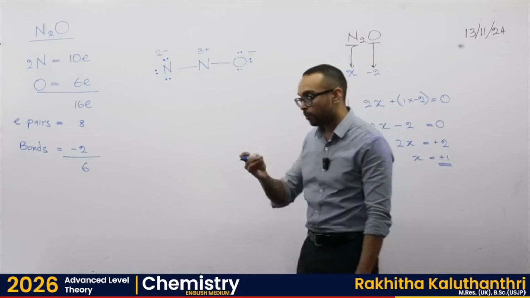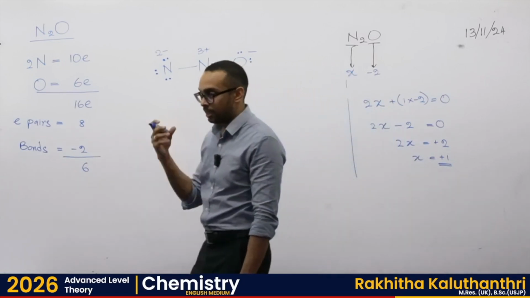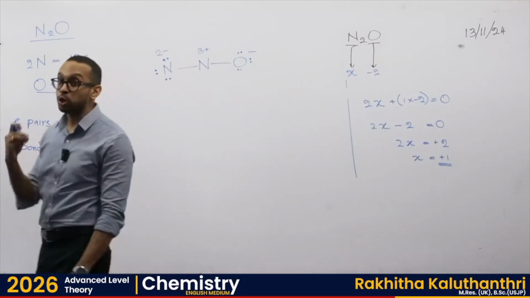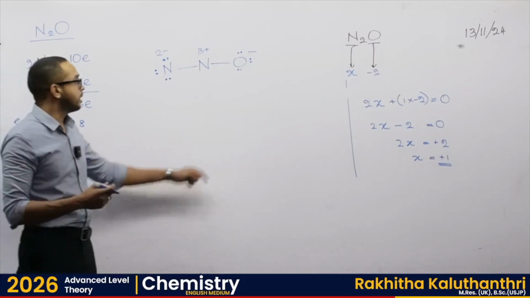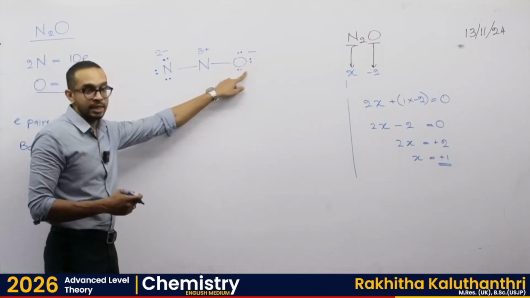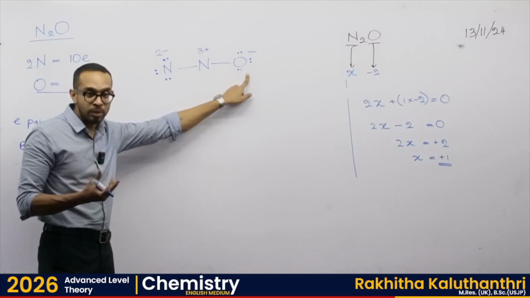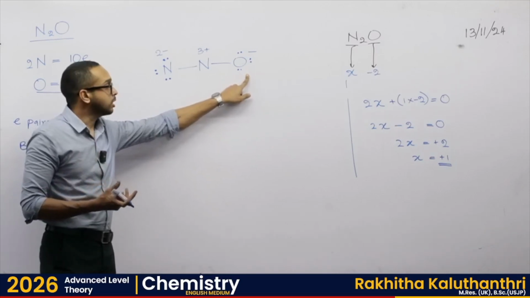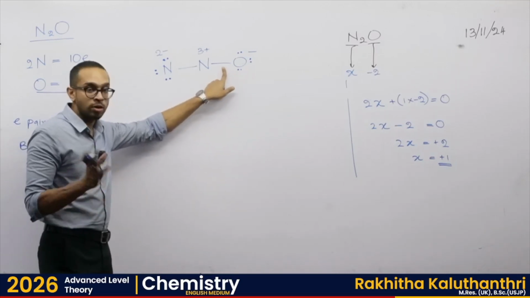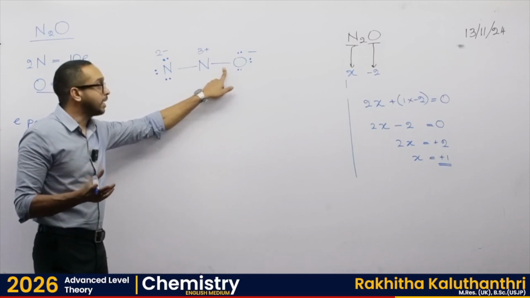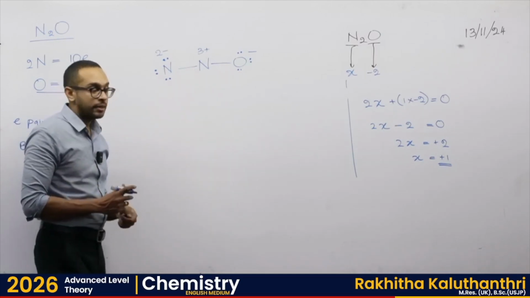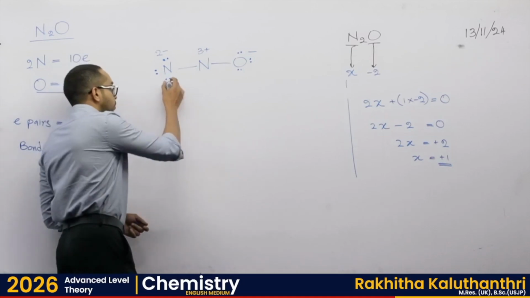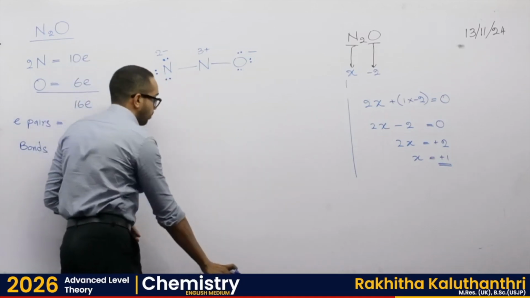If it has a negative formal charge, it should be on a more electronegative element. So that means oxygen should be carrying it here if there is a formal negative charge. So students, converting lone pairs of oxygen is not wise. We can convert lone pairs of nitrogen into bond pairs. Is that clear? So what we do is we convert 1 lone pair of nitrogen into a bond pair.